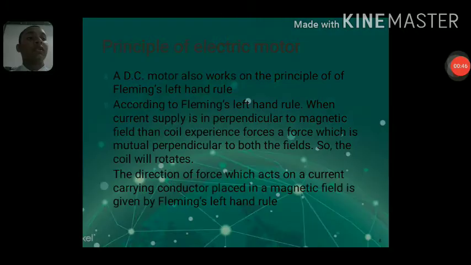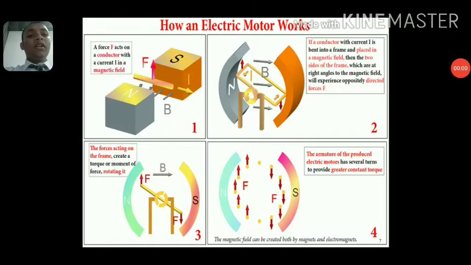Here it is given how an electric motor works. You can see in the first diagram, a force F acts on the conductor with a current I in a magnetic field.